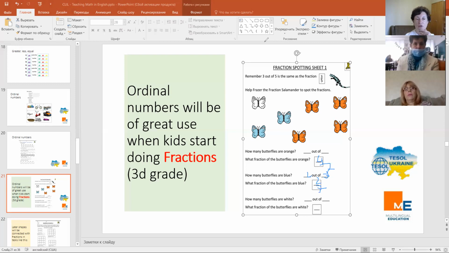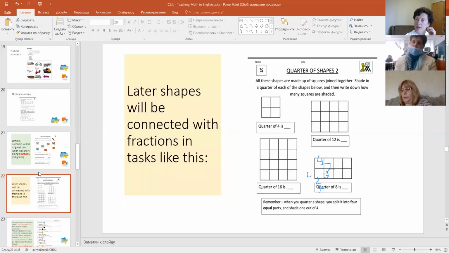I should admit that we probably need to introduce more fractions into our school math, because first of all, it is really connected to vocabulary, and it develops kids' understanding about the whole and the parts of the whole.